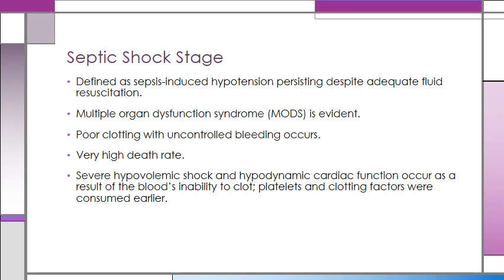There's very poor clotting with uncontrolled bleeding going on. It's a very high death rate at this stage. Severe hypovolemic shock and hypodynamic cardiac function occur as a result of the blood's inability to clot. Platelets and clotting factors were all consumed earlier. So basically, they're bleeding out. They're just bleeding out.